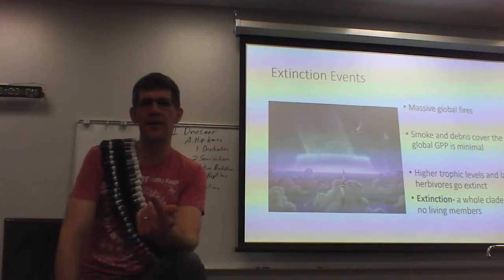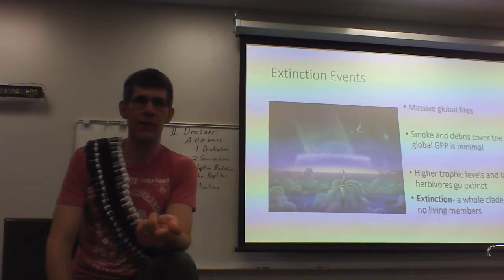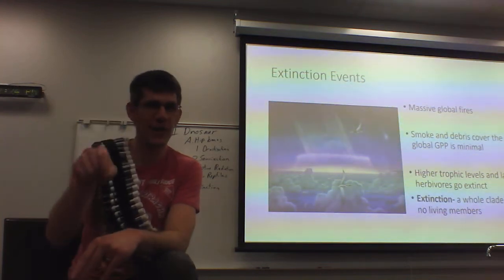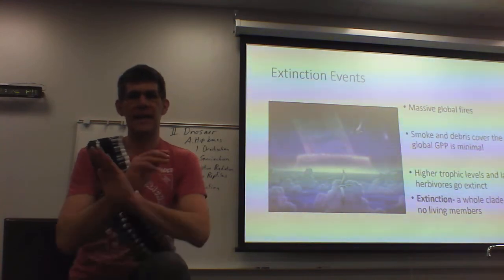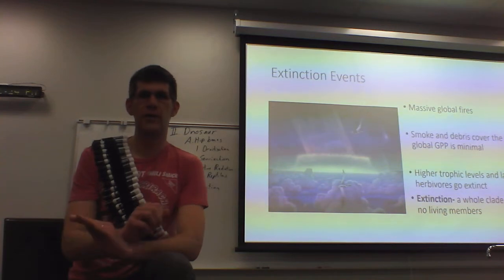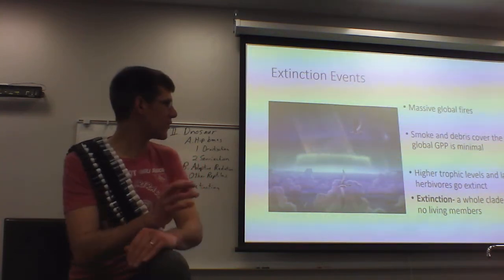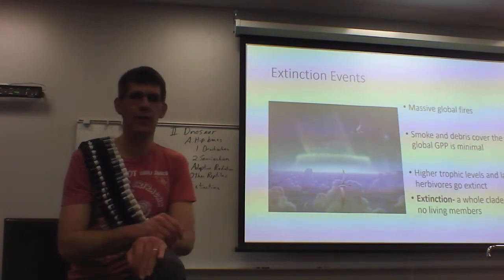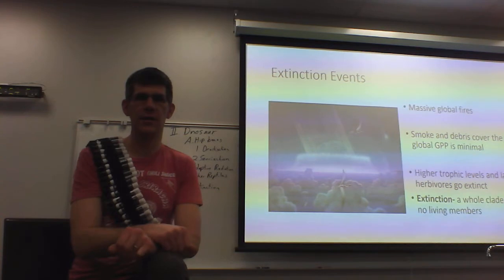If you remember playing that card game in lab where we had the sunlight blocked by ash card, haha, I took out your primary producer. Imagine that, but like everywhere, for years. For years. Everything big starves. So all the higher trophic levels, out. All the large herbivores, out.